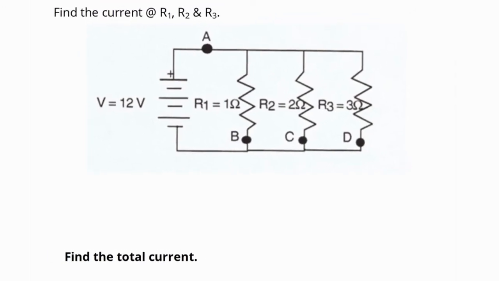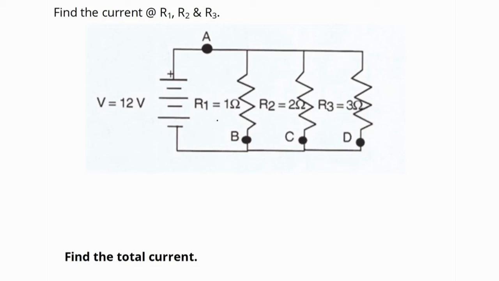Here now we have a parallel circuit. If I wanted to find the current across R1, R2, and R3, we can treat them like they're series circuits. So let's do that.